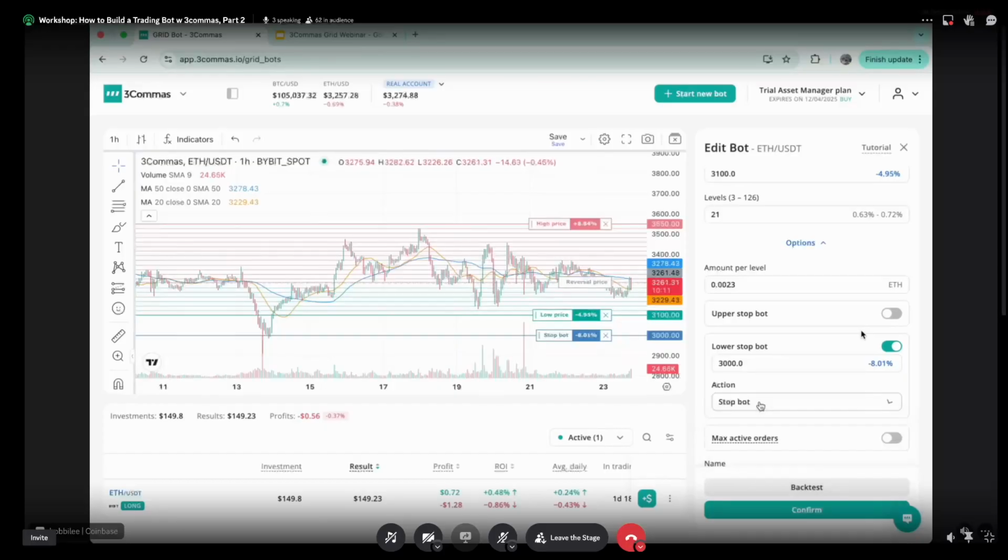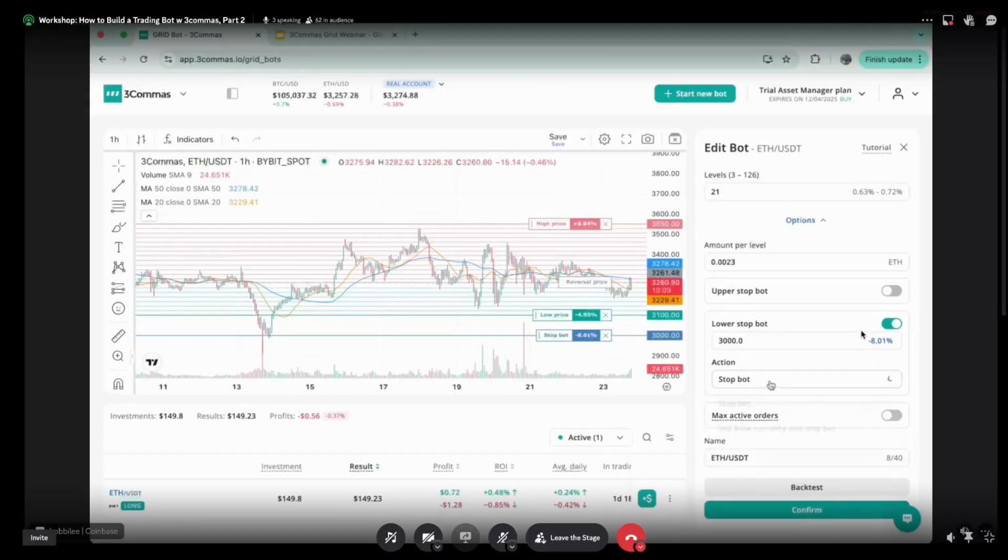Be careful here because you have an option to stop the bot, or sell the base currency and stop the bot, which means that if you just stop the bot, you will still be holding equity.